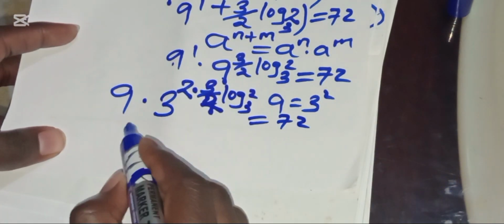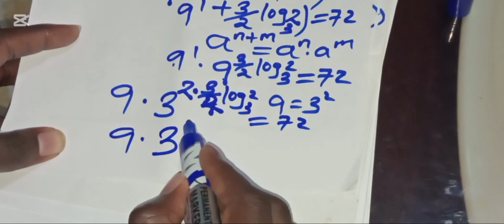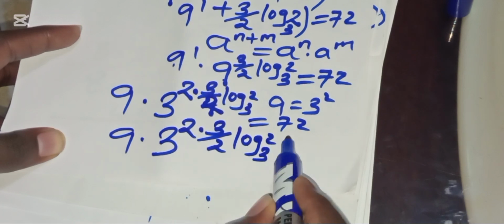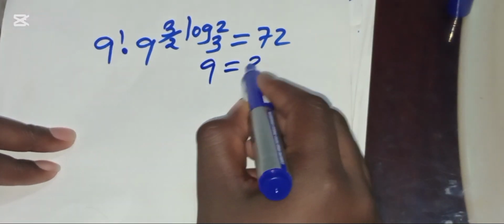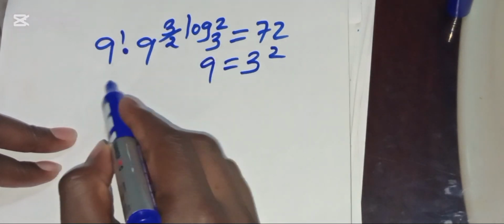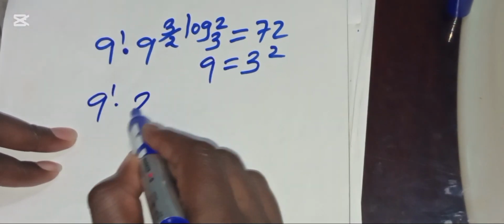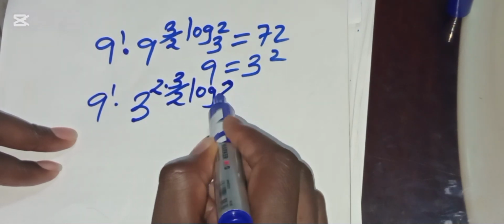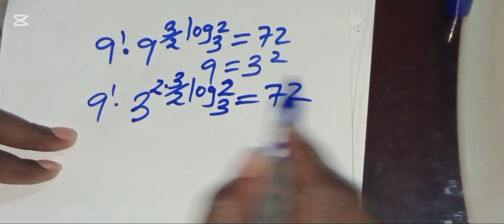So we have 9 to the power 1 multiplied by 3 raised to the power 2 multiplied by 3 over 2 log 2 to base 3, which is equal to 72.